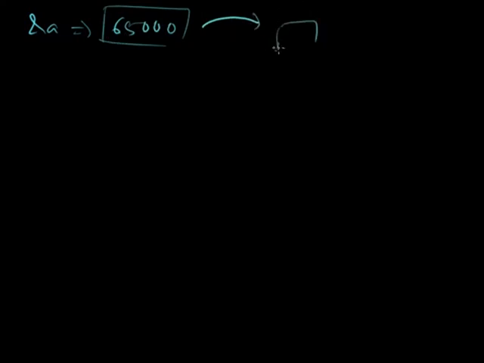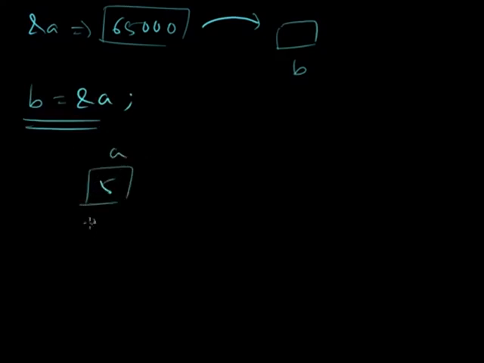Now when I say address of A, it will yield 65,000 in this case. What if I store this 65,000 into some other variable B? That means B is equal to ampersand A. If I do this, let us visualize it. We have 5 in A and its address is 65,000, and we have some other variable named B, and we have stored 65,000 here.